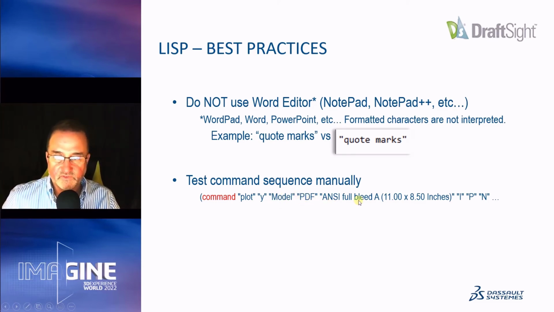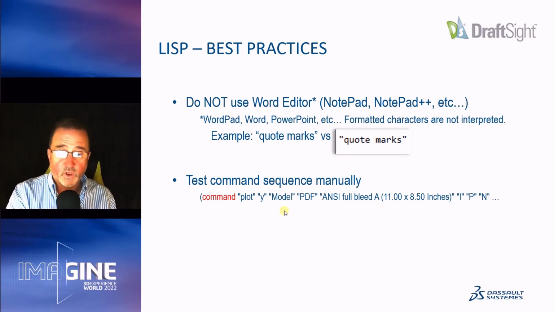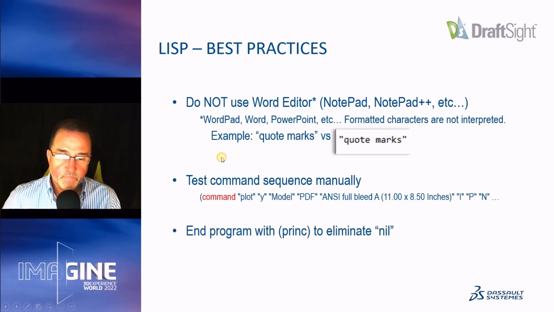I'm going to use PDF, and so on. So the sequence of events that goes through, you want to document that. And I often do this manually. I go through, I test that sequence manually, and then make sure that I got all the steps down before I write my Lisp routine. What I'll do is write that Lisp routine as I type it out in the command line, and then try to run that and see if it works to make sure that I'm doing it correctly before I then put it into a larger program.